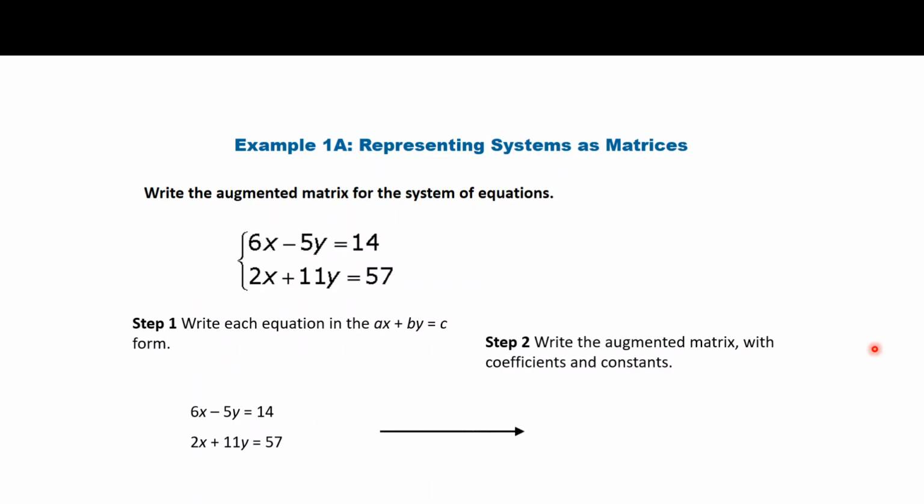Next, we write the augmented matrix with the coefficients and the constants. So it's not too difficult. We have 6, -5, 2, and 11. These are our coefficients, separated by a dotted vertical line from our constants, 14 and 57.